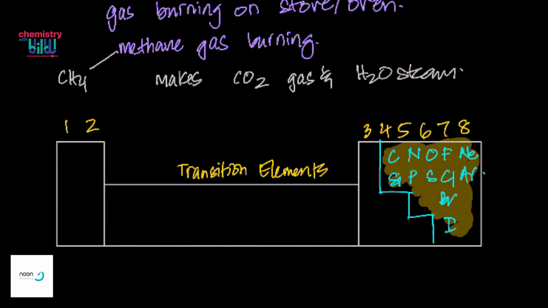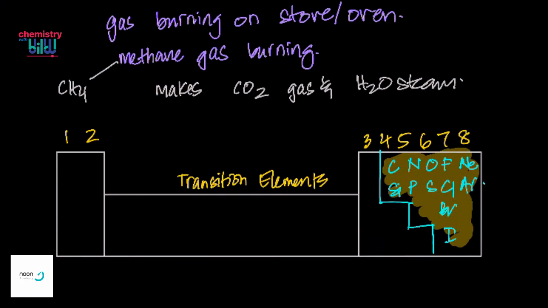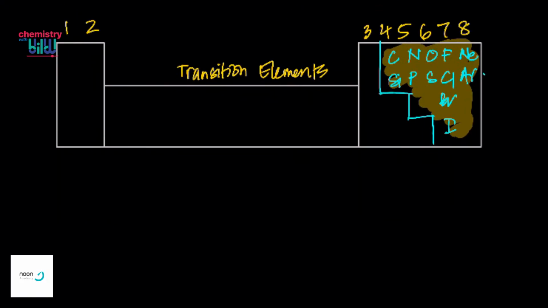Where do the products of methane get oxygen from? From the air. That's a good example to talk about. I said methane burns, and whenever you hear the phrase burning in air, it's about reacting with oxygen.